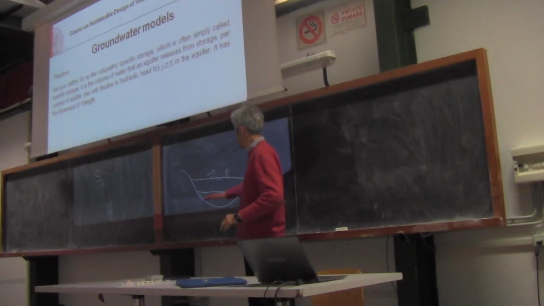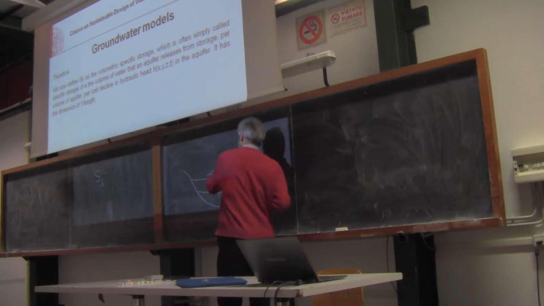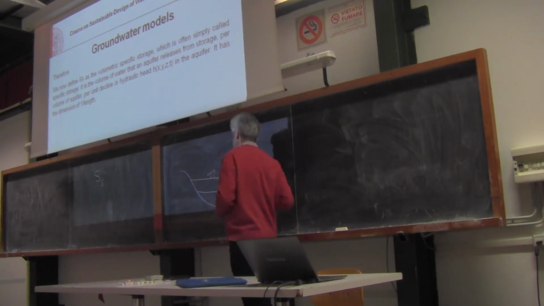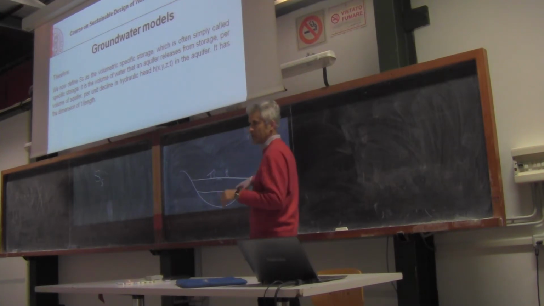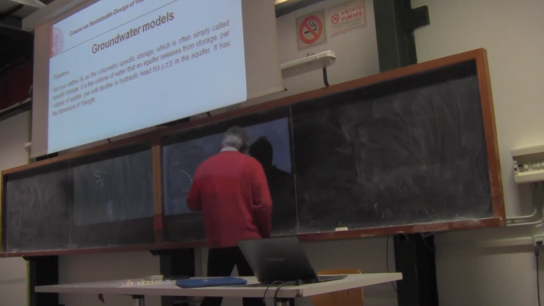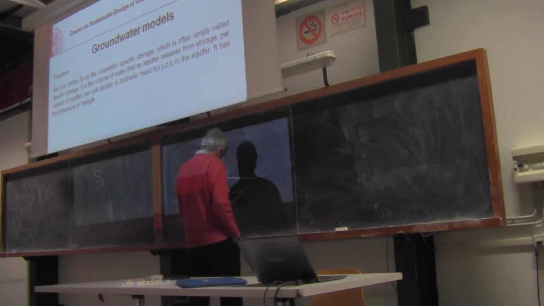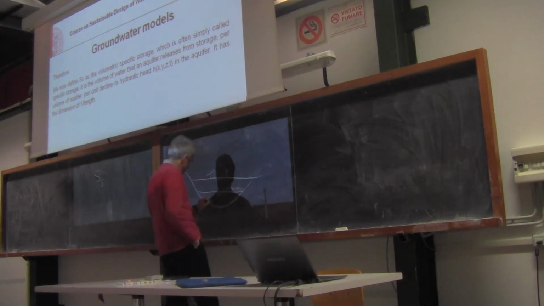And the ground is indicated with just a line with people over it. And this is called the water table. What is the water table? It is the divide between the saturated zone and the unsaturated zone.